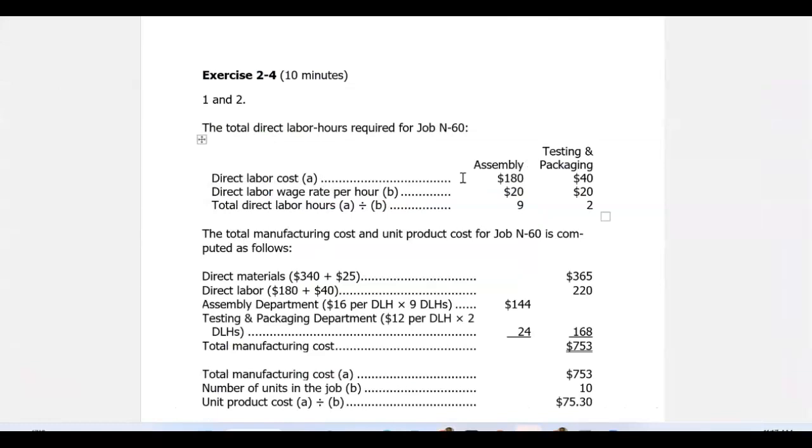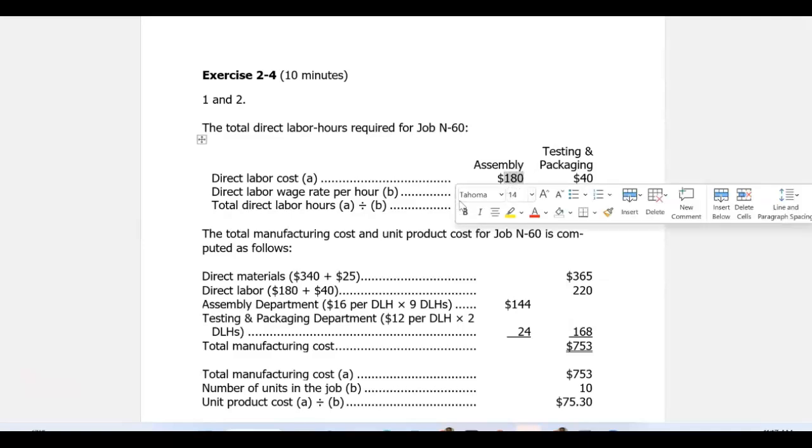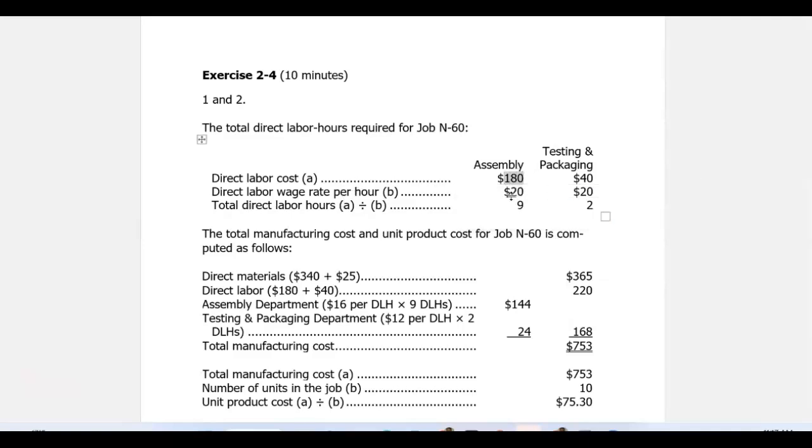So direct labor cost is $180 for assembly, and we know that labor cost is $20 per hour. So we use 9 hours for assembly and 2 hours for packaging, direct labor hours. Now we can continue.